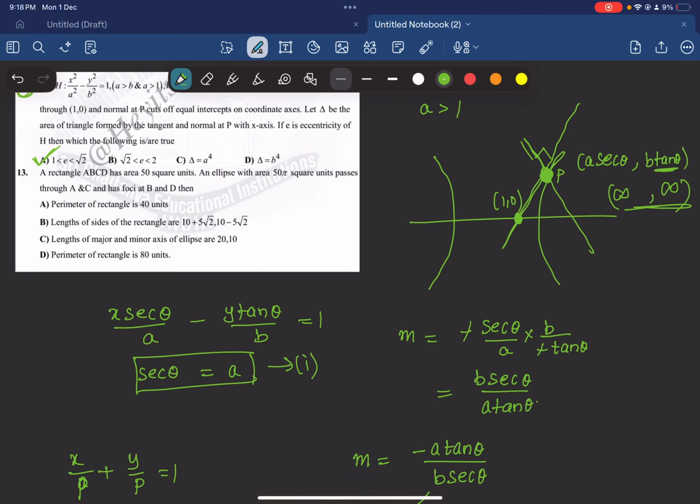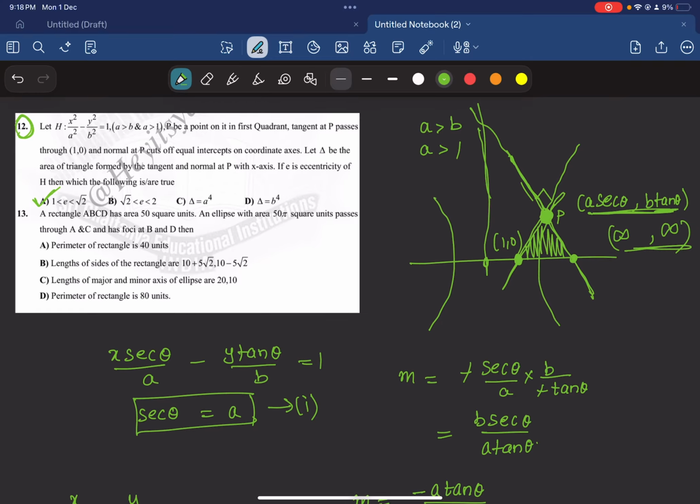Now we have to find out the area of the triangle delta. So this is the area of the triangle that we have to find out. Alright. So now this point is A secant theta, comma B tan theta. Now let us find out what this point is. Okay, since it is given that this cuts off equal intercepts on the coordinate axis, so there will be the y-axis here, something like this, it will cut here. So this length and this length are equal.